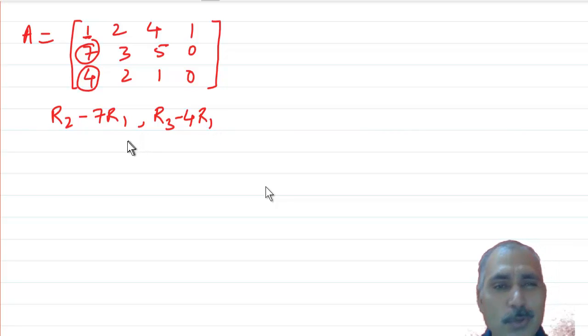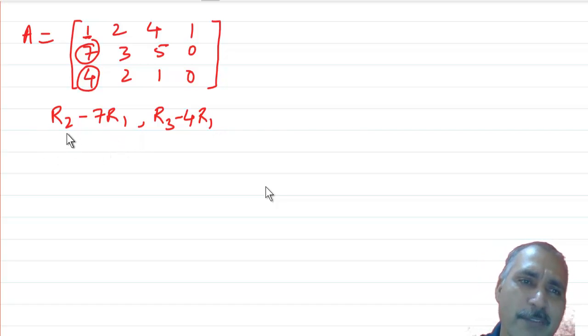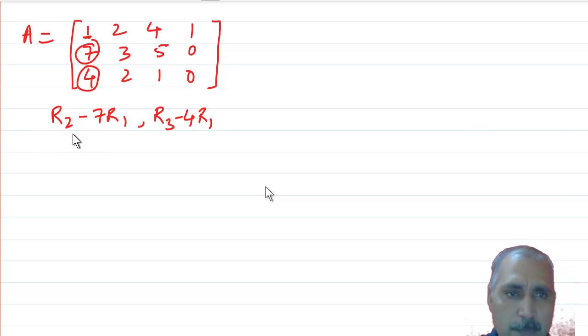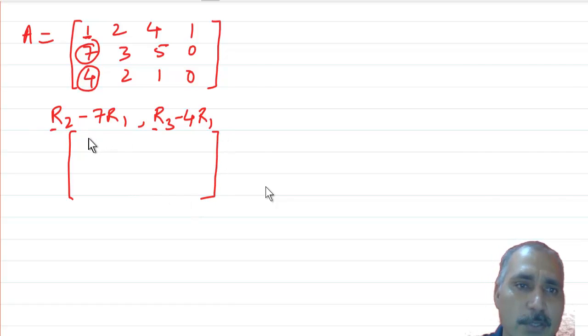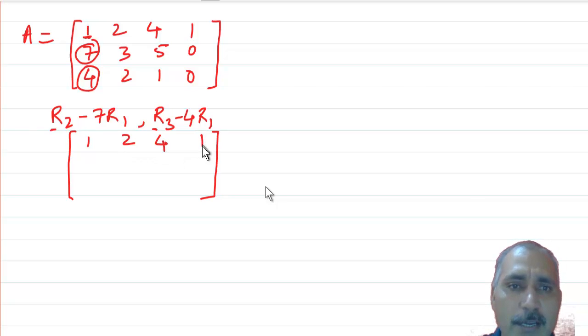We are going to do two operations at a time, so it will not be difficult, but instead of wasting time and space, we will do the 2 operations at a time. Now we are changing row number 2 and row number 3, so row number 1 will remain as it is. So it is going to be 1, 2, 4 and 1.